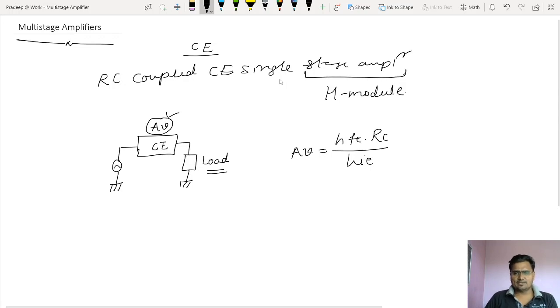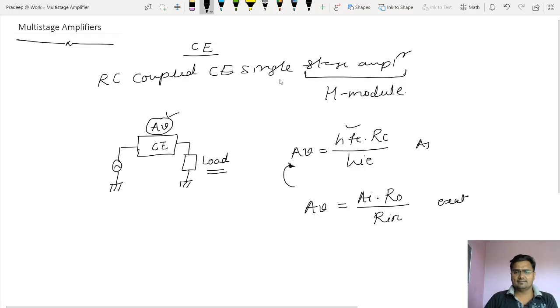What was the actual equation? The actual equation was AV, that is voltage gain, equals AI multiplied by output impedance divided by input impedance. That was the exact equation.